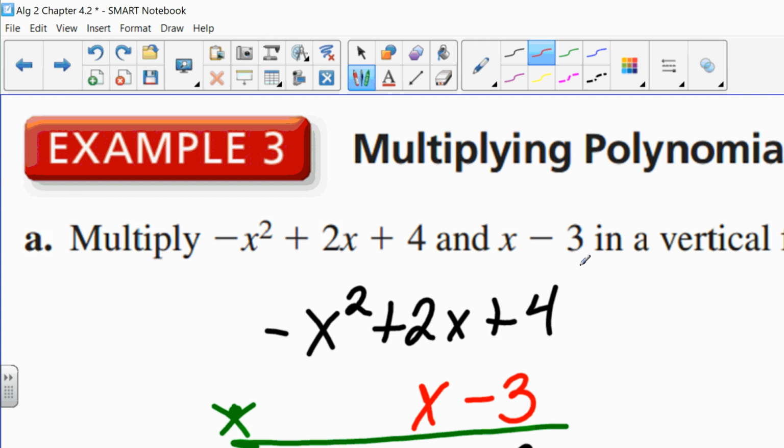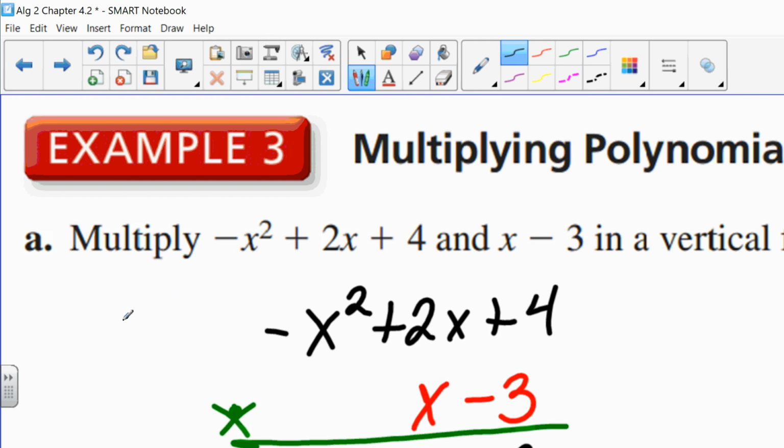So here, what do we think the next part's going to be? Because we're going to put a 0 for the x. Because we're going to do x times 4, which is 4x. Now, since it's positive, we will put a plus. x times 2x is 2x squared.